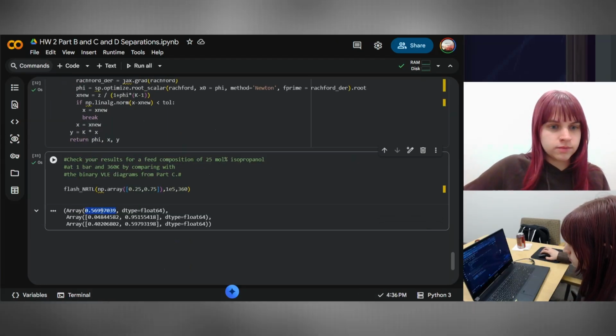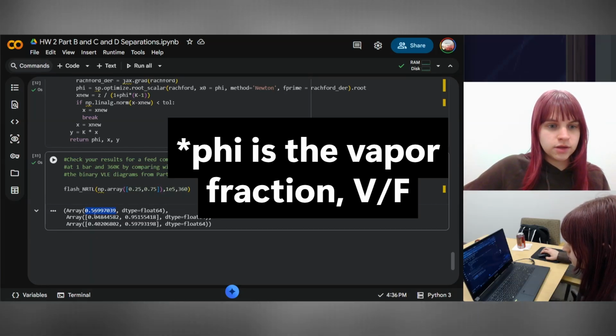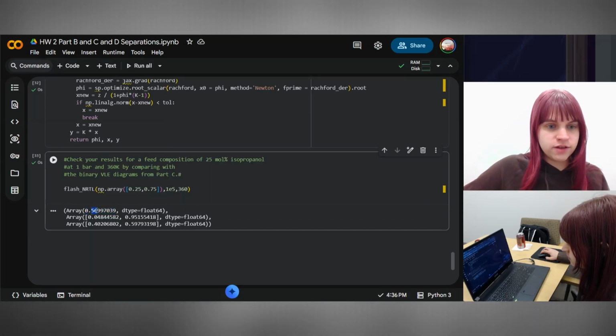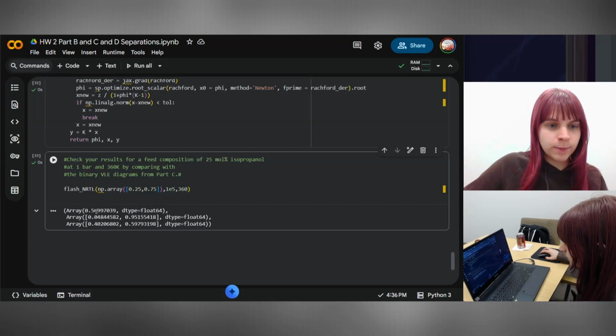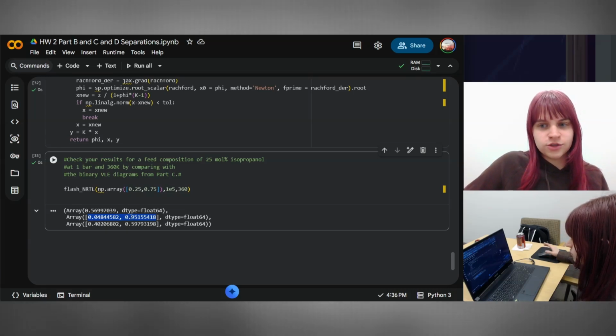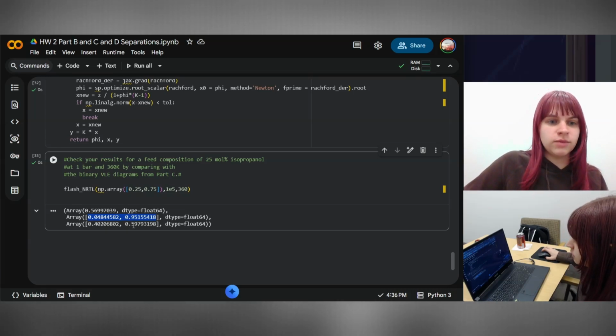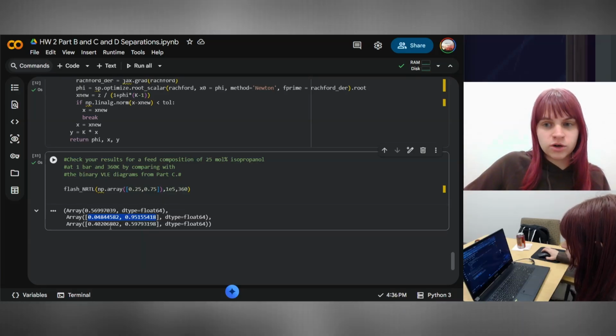Alright, this is our phi, so our vapor fraction. This tells us that at this point, about 57% of all of our material is in the vapor form. Right here is our x, or our liquid composition. The majority of it is water, which is not too surprising because we know that isopropanol is much more volatile than water.